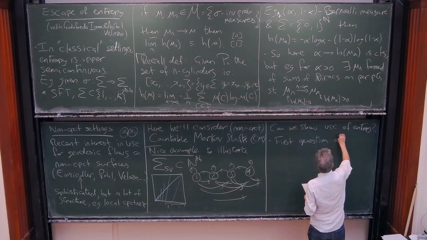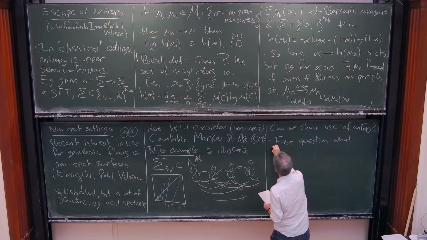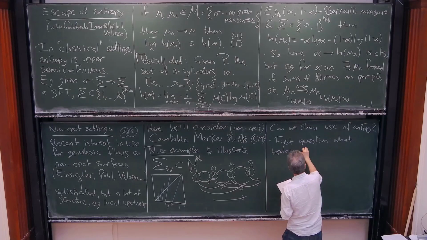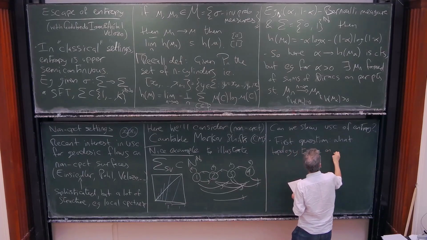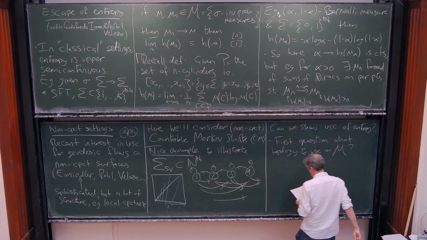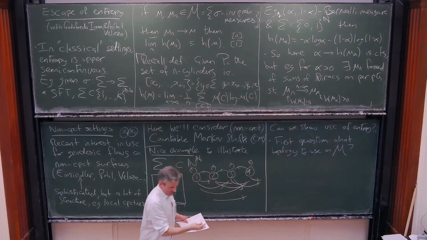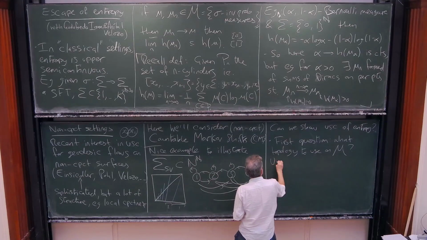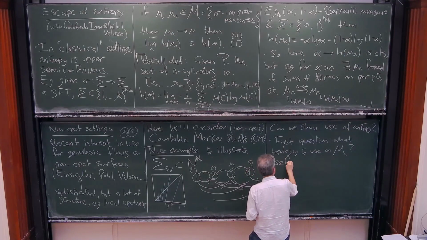What topology to use on N? There's going to be a straightforward answer, but maybe not totally obvious why, if you haven't thought about it a bit, so let me just explain that.